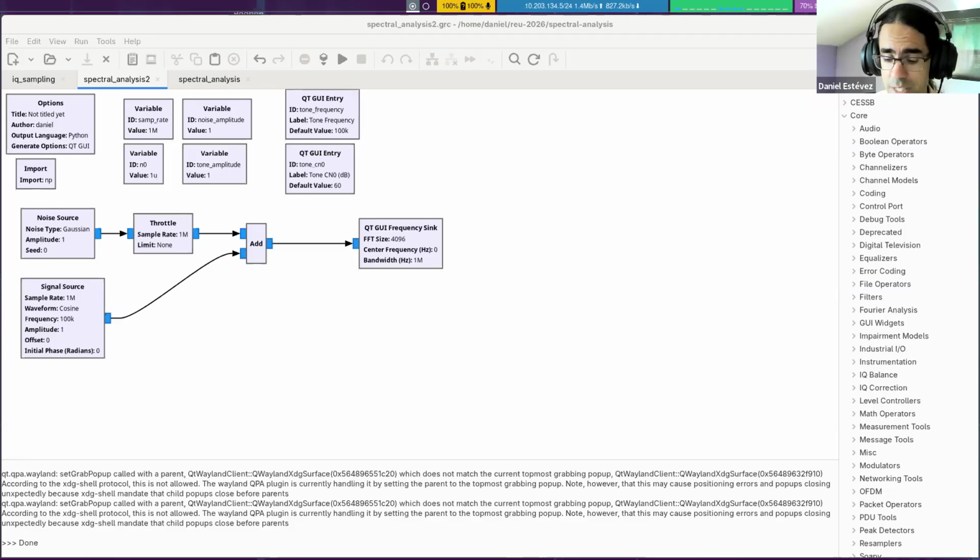So wideband signals, that is signals which occupy a certain region of the spectrum, are also important. Essentially, any kind of communication signal is wideband. People draw distinctions depending on how wideband they are. Some of them could be just a few kilohertz wide. Some of them could be hundreds of megahertz wide, but they are all wideband in a sense.